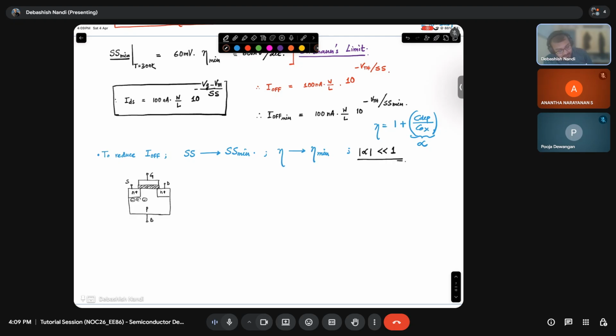So you will have your depletion region here, and in another case you will have, let's say, an SOI MOSFET.